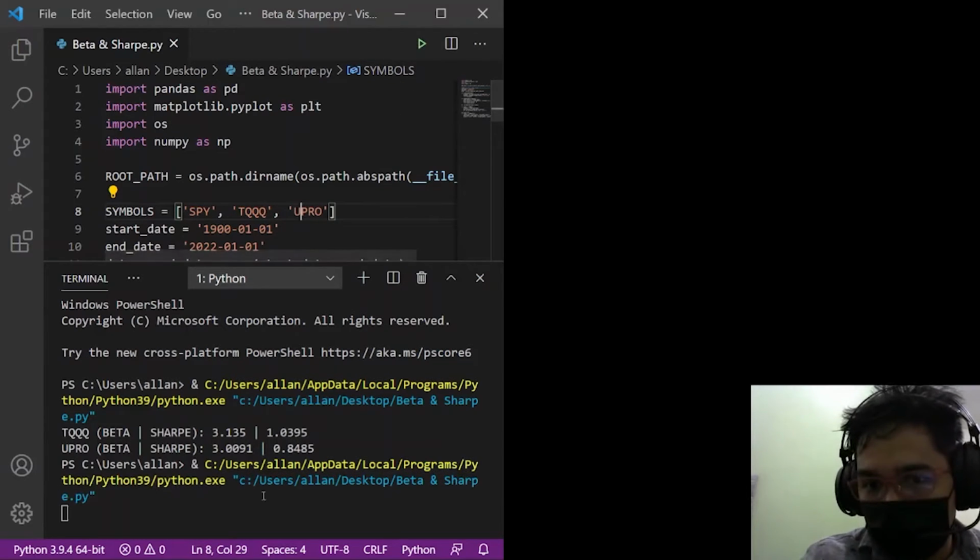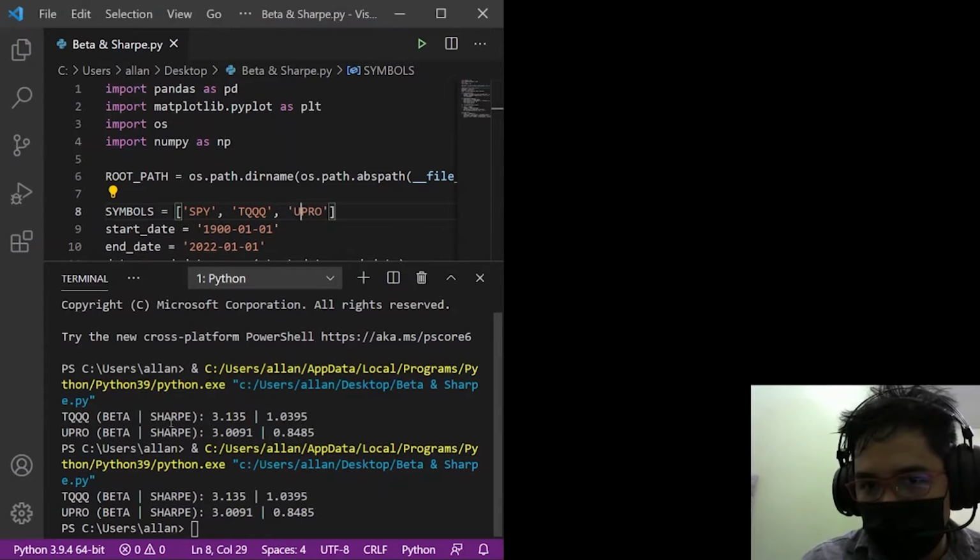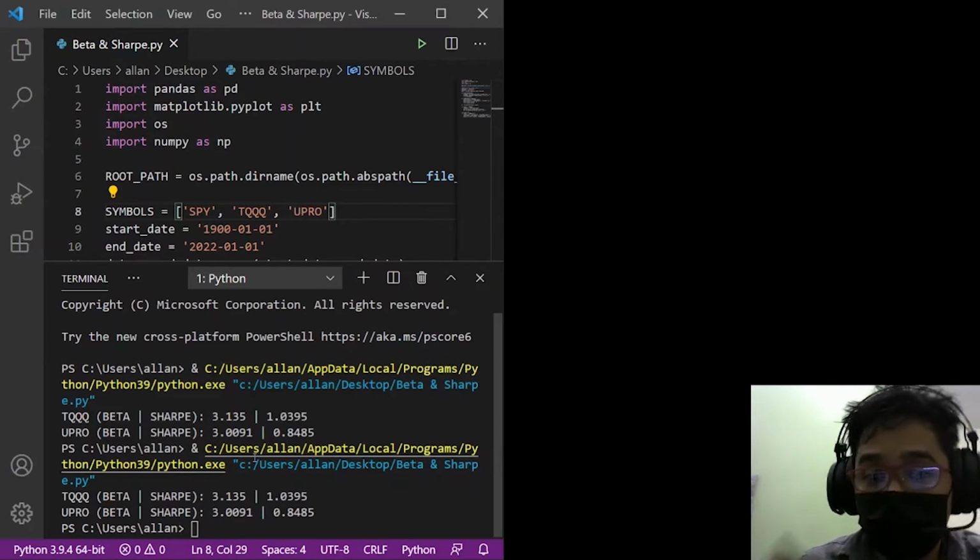Computing the beta and the Sharpe of TQQQ, we can see that as SPY moves, TQQQ moves 3.13 times the move of SPY, and UPRO moves 3.0091 times the move of SPY.